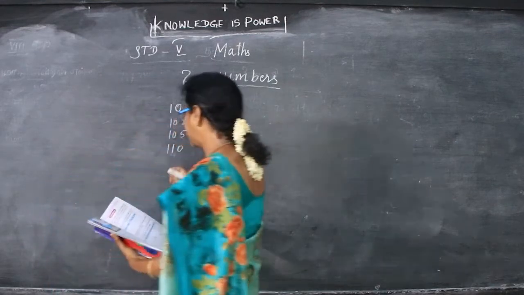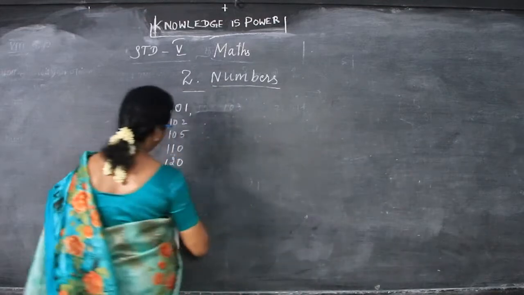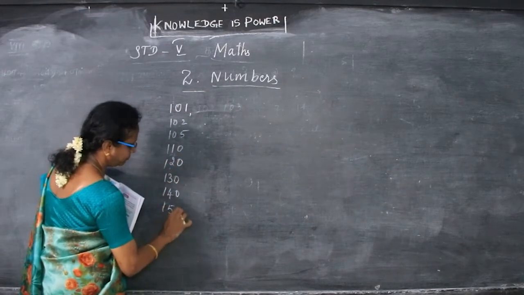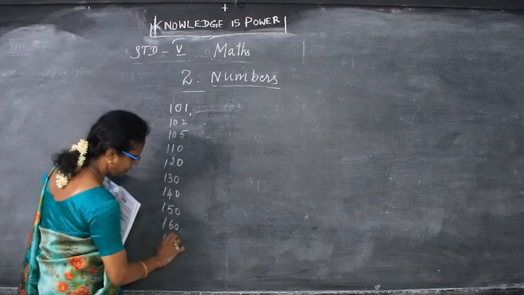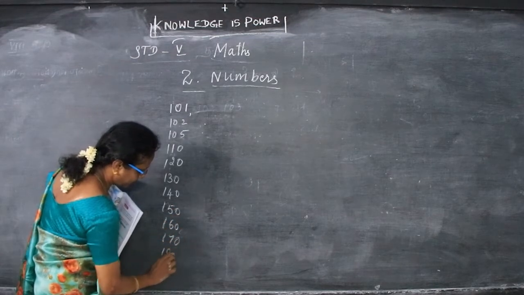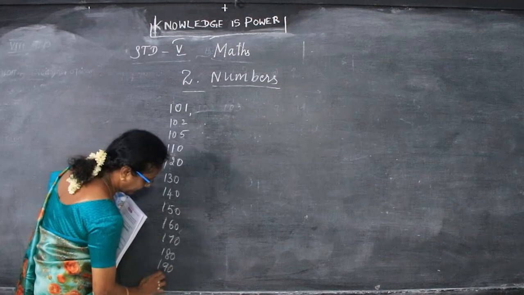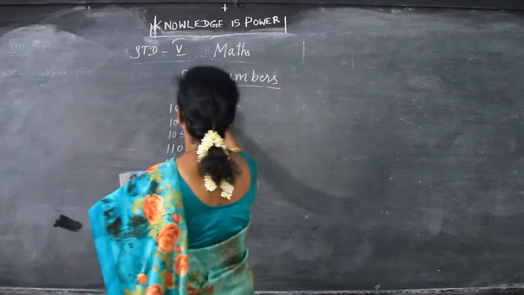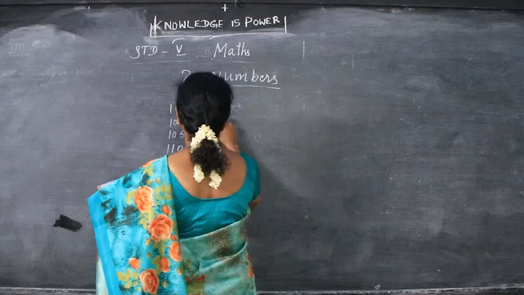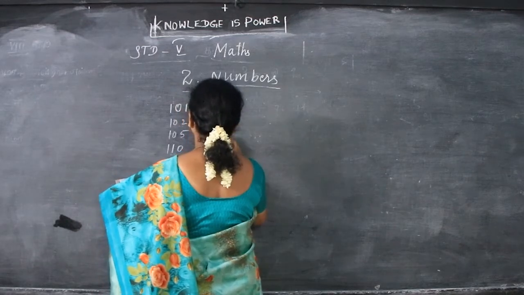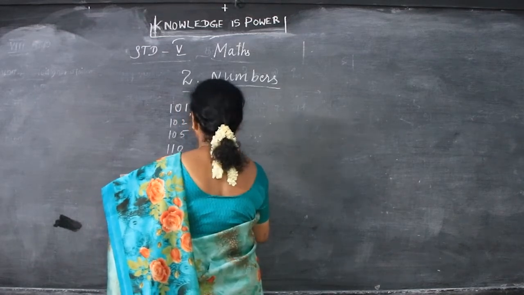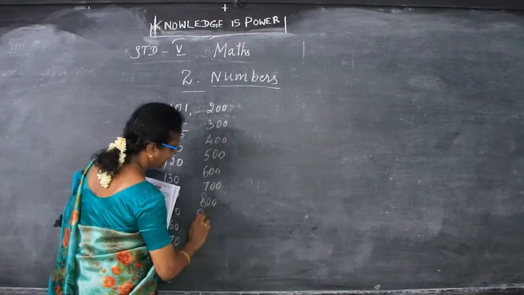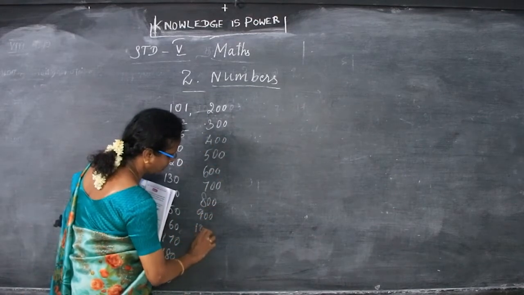If we count tens: 120, 130, 140, 150, 160, 170, 180, 190, then 200. Then 300, 400, 500, 600, 700, 800, 900 and 1000.